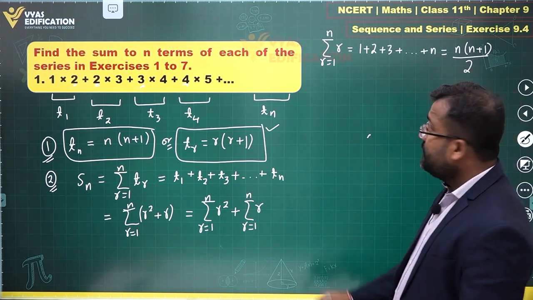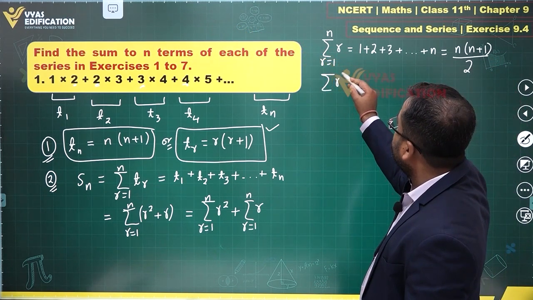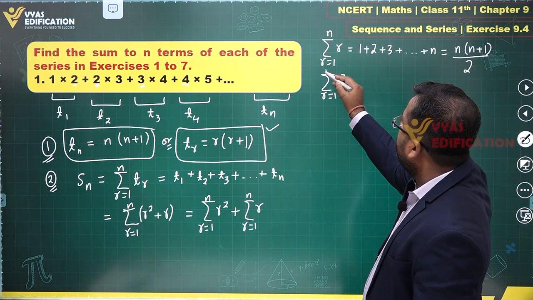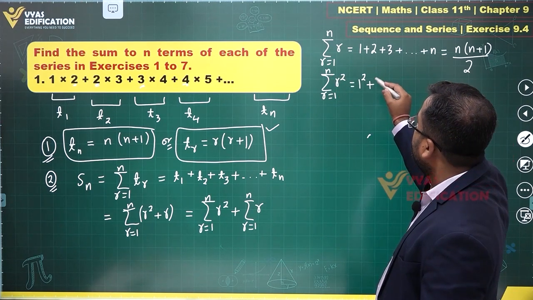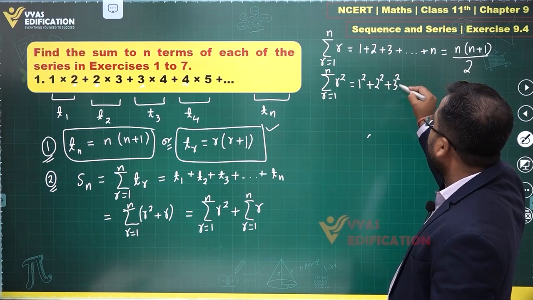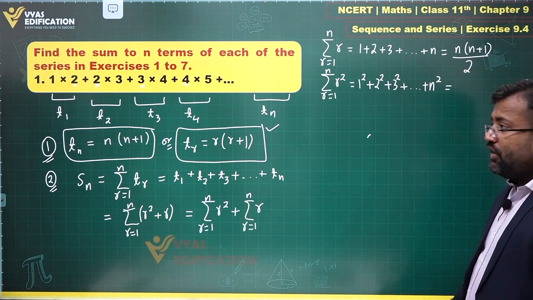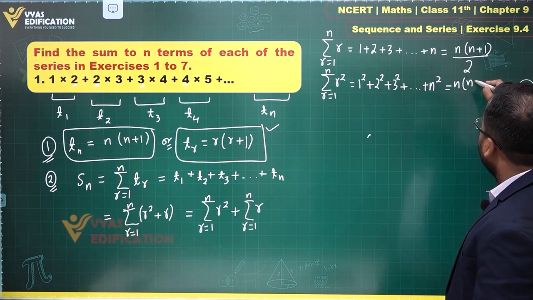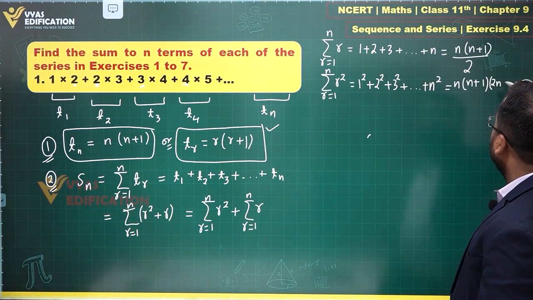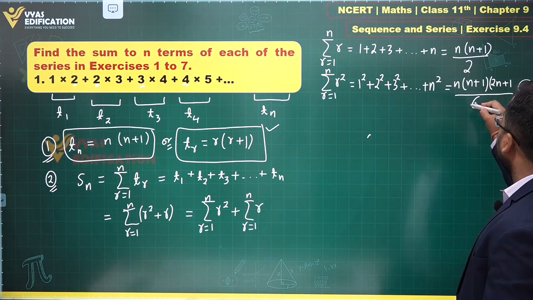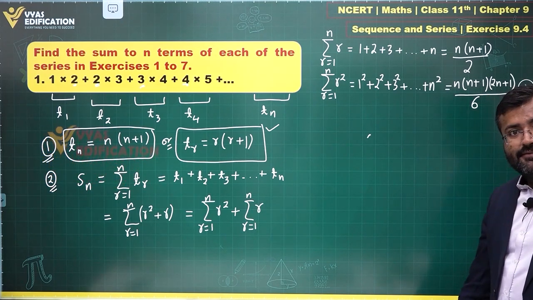Summation of r square, r equal to 1 to n, is 1 square, 2 square, 3 square, dot dot dot up till n square, and that summation is equal to n times n plus 1 times 2n plus 1 upon 6.